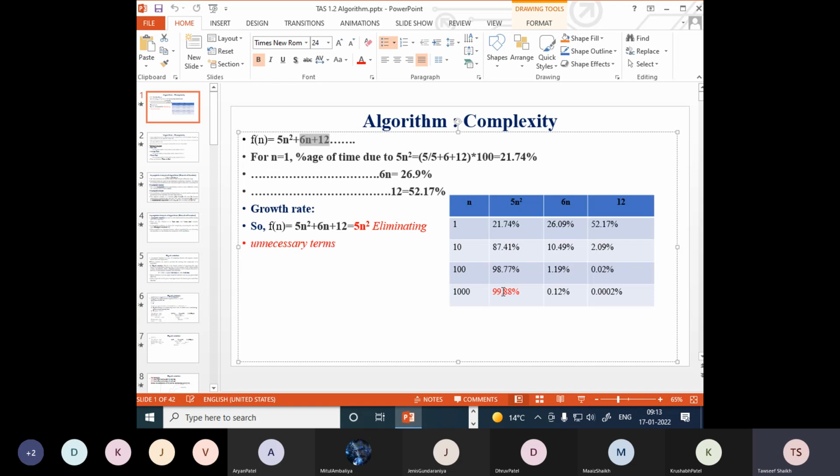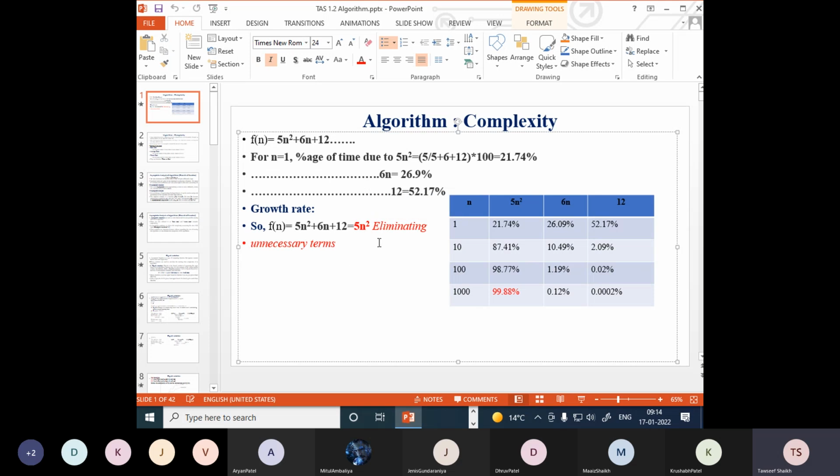Since near about 100% of the CPU time is taken only by this quadratic term, that is 5n square, we can say f(n) equals 5n square plus 6n plus 12 is approximately 5n square, because the time the whole operation takes is taken by this term. The remaining terms just add to the complexity. So it is better to eliminate them.